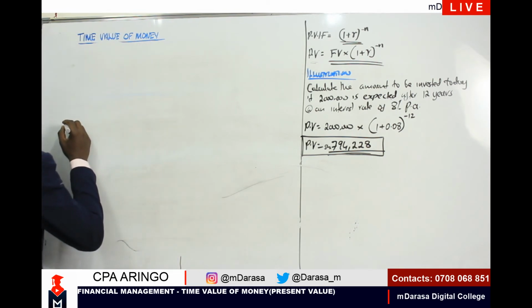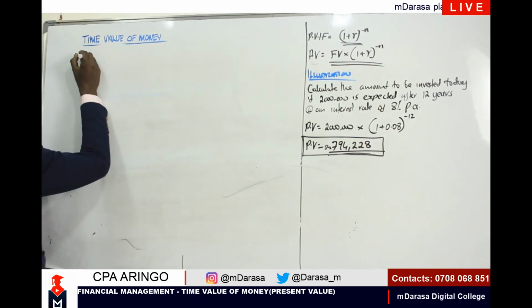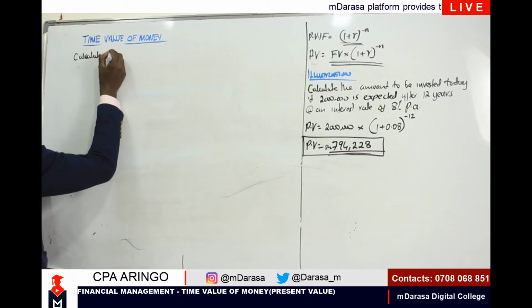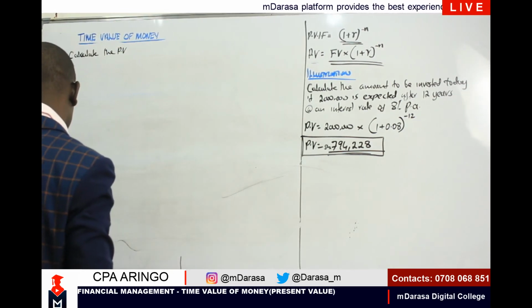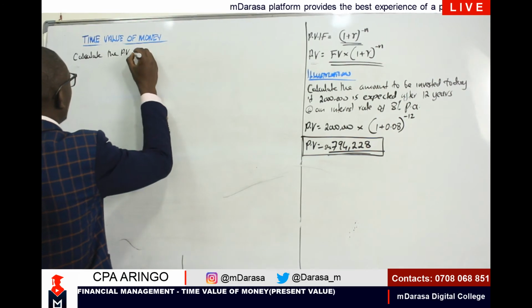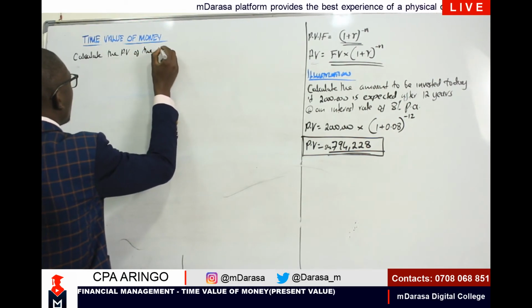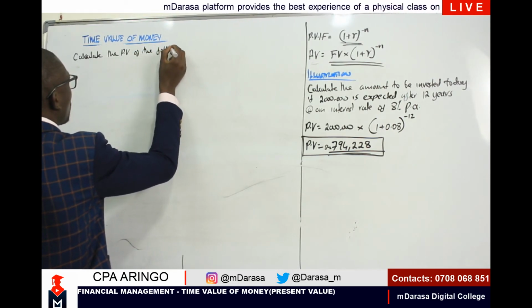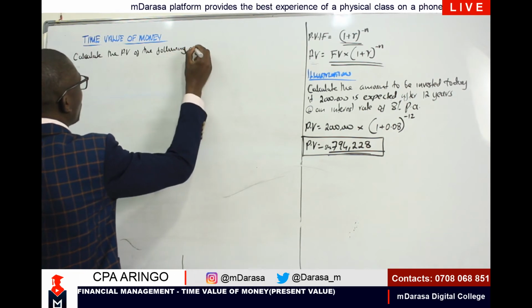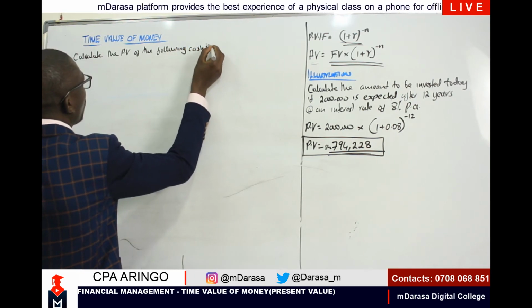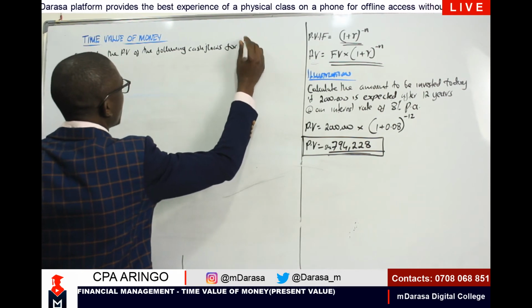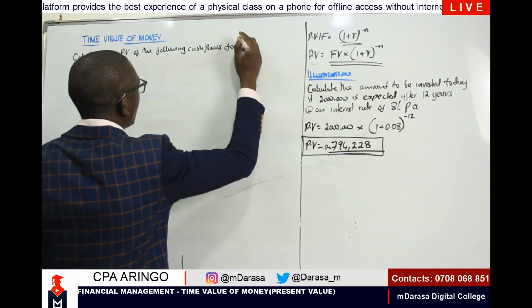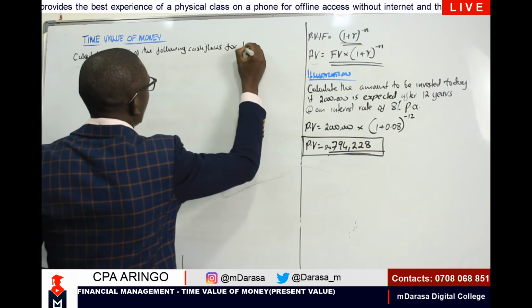Calculate the present value of the following cash flows received for 4 years.